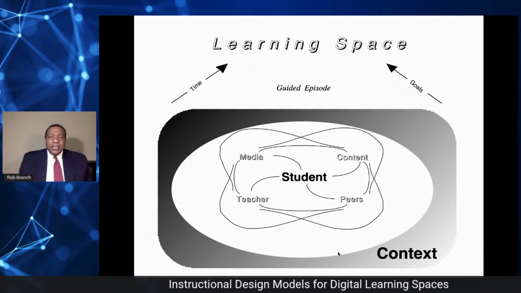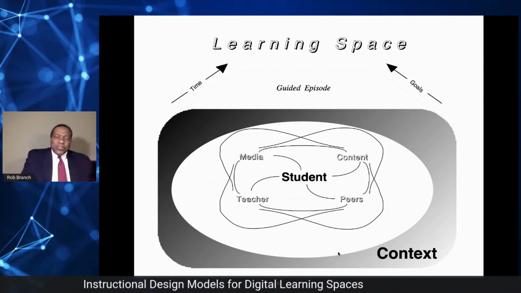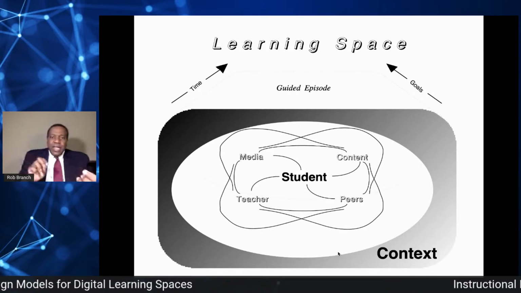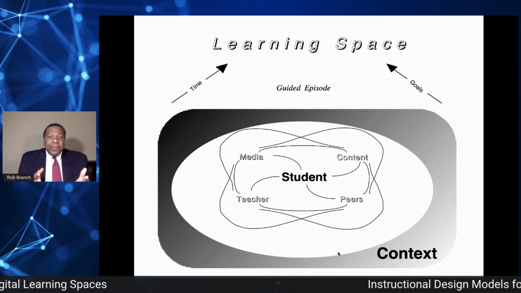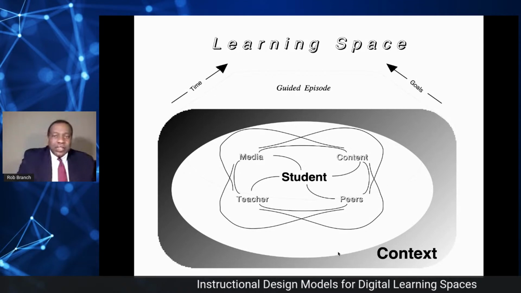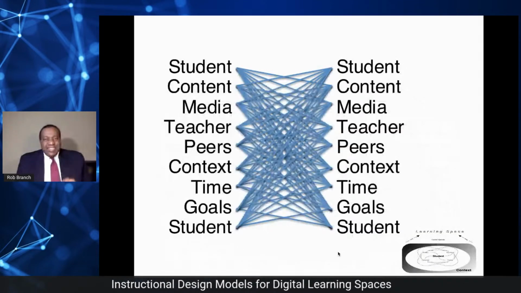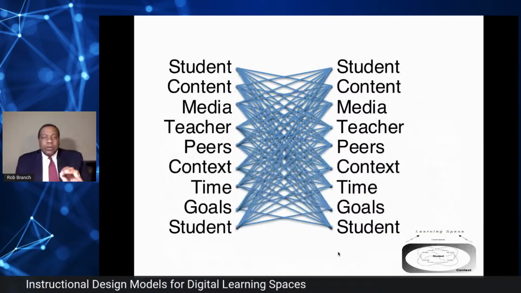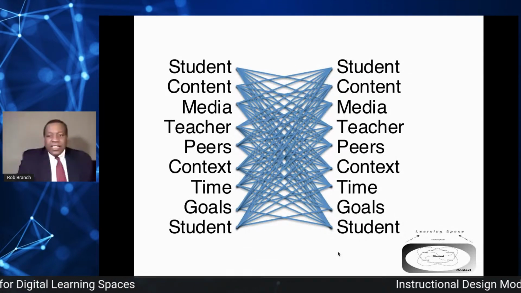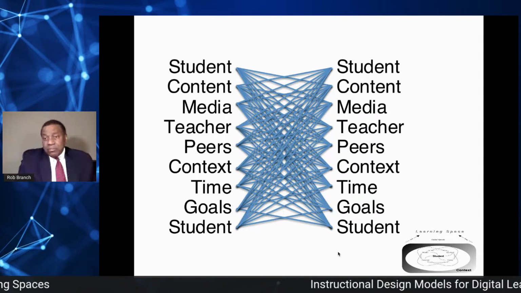Imagine the beginning of a course or the beginning of a unit. You've got all these things interacting and rotating. And at times, other things may be at the center, but it has its own ecology. This is what we have to deal with. This is the complexity.